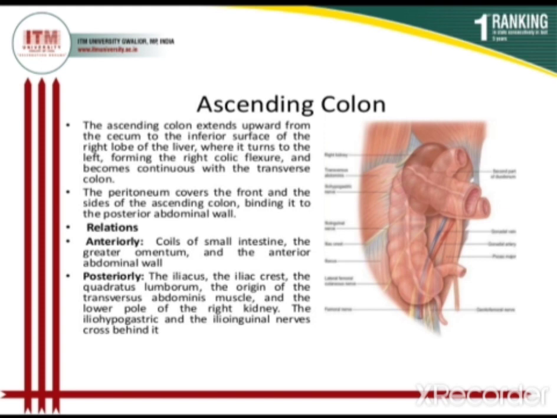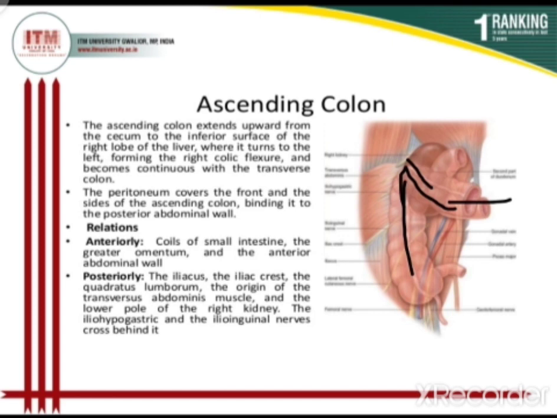This turn is called the right colic flexure. The peritoneum covers the front and the side of the ascending colon, binding it to the posterior abdominal wall.